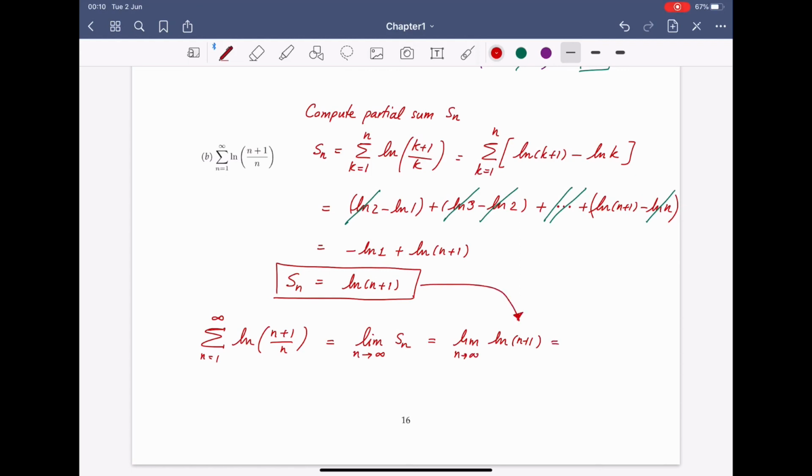And this goes to infinity, because the logarithm just blows up when n goes to infinity. So therefore you can conclude that this series, log of n plus 1 over n, is divergent. And that's all.